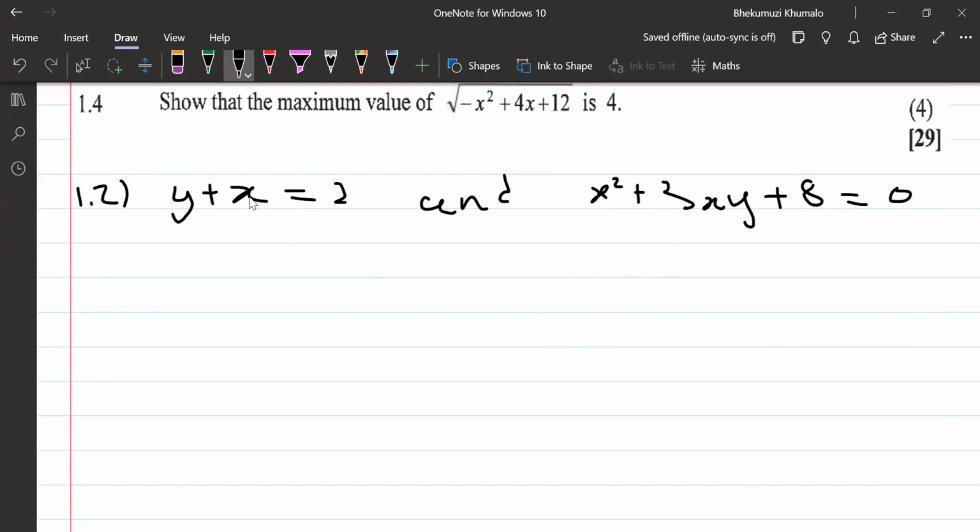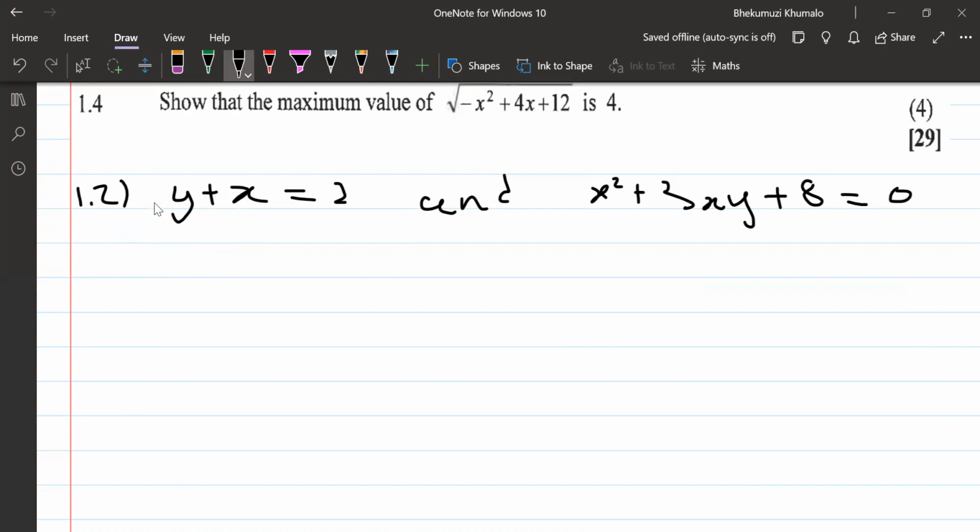So the best thing you could do is to rather use y plus x, and let it be x is equal to 2 minus y, or y is equal to 2 minus x. Does it really matter? No, it doesn't matter, because at the end of the day, you're still going to just substitute that value.